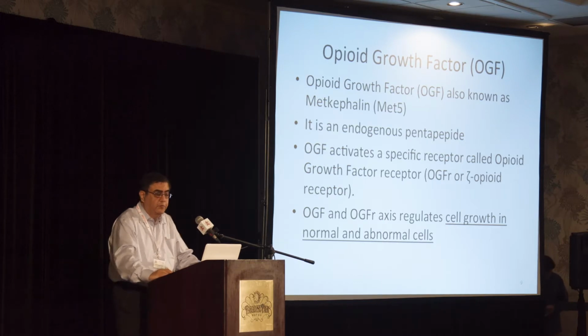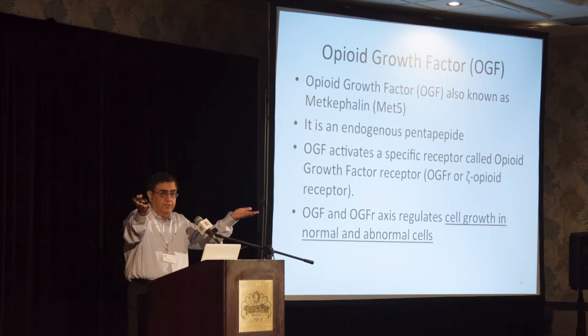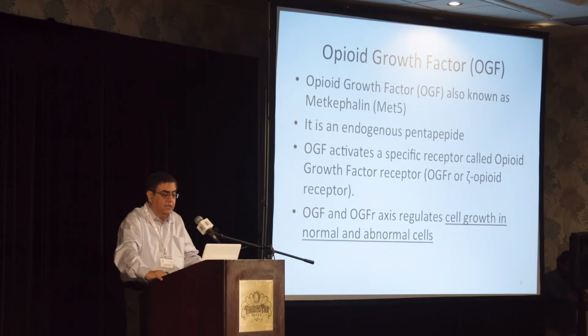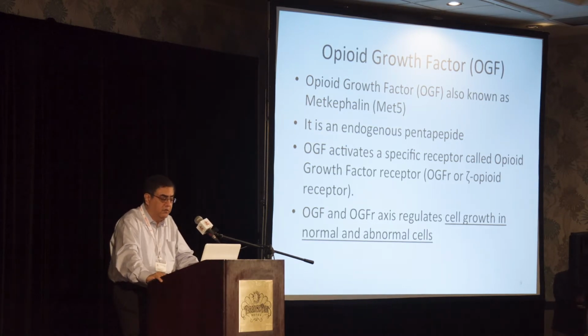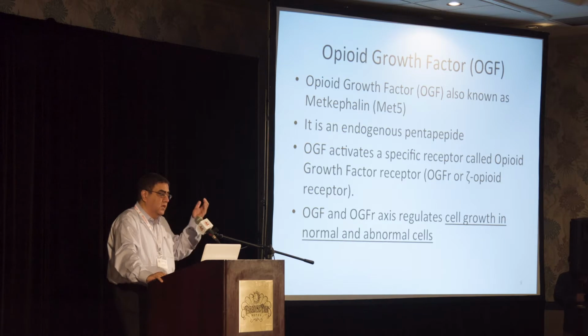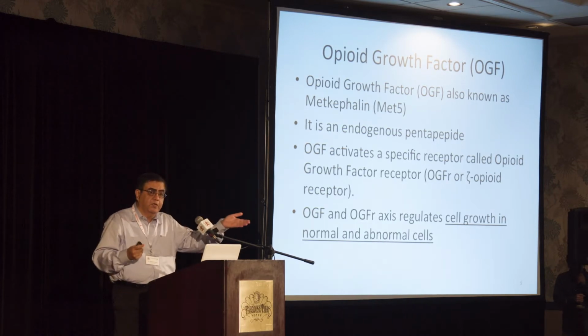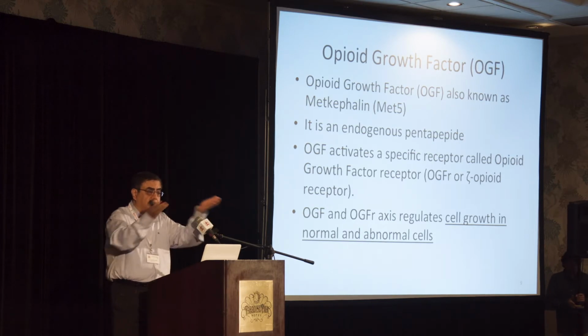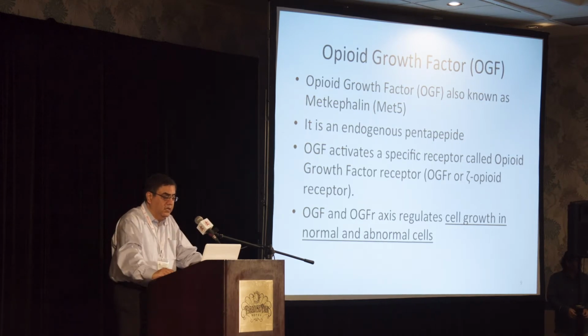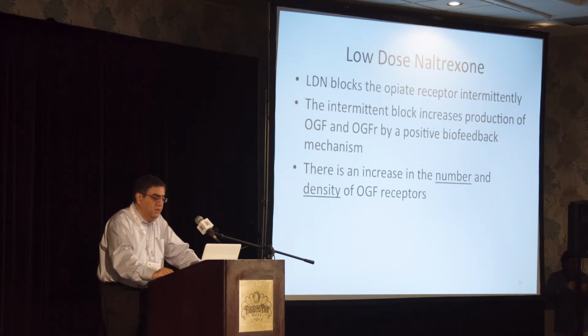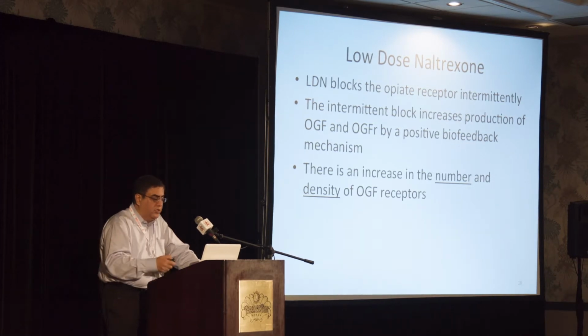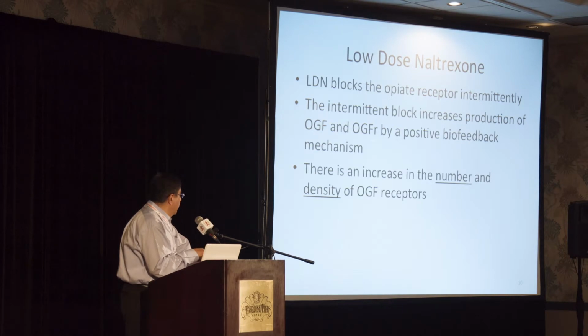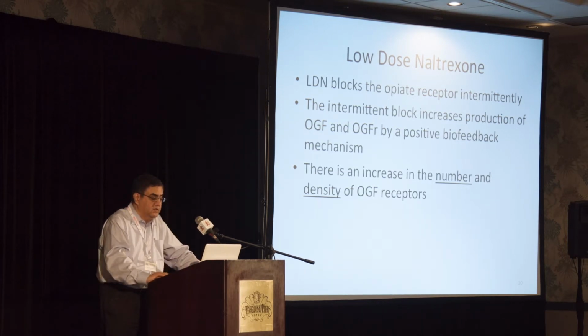The combination of opioid growth factor and opioid growth factor receptors regulates cell growth in normal and abnormal cells. The beauty of this is that low-dose naltrexone, which blocks opioid receptors, increases the production of opioid growth factors and opioid growth factor receptors.